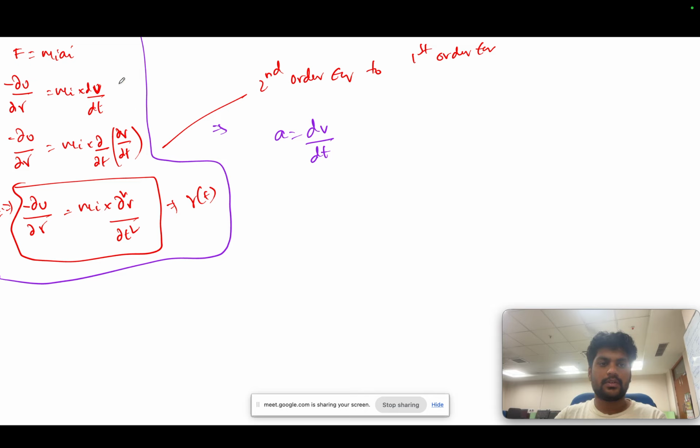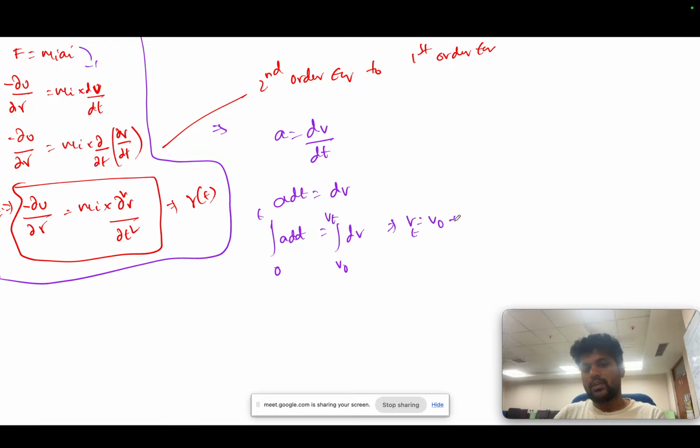This is the first equation which we have got from here. So now if I apply integration of 0 to t, a dt equals v naught to vt dv, we get vt equals v naught plus at. So assume this is equation 1.